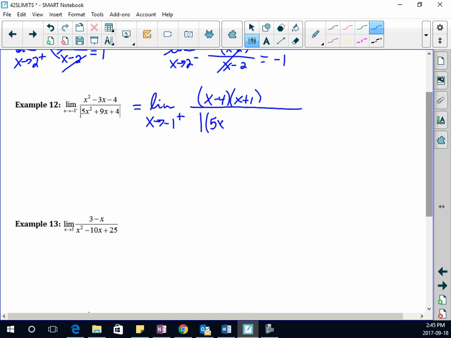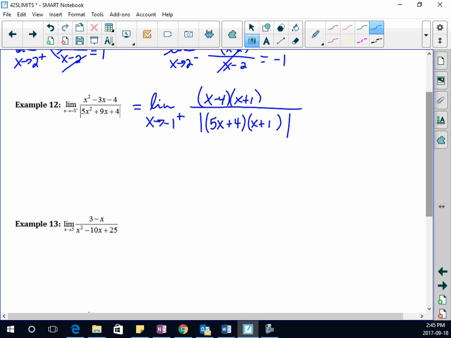You think it has to be a 5x plus 4 and an x plus 1 plus 4? Yeah, because you knew something was going to cancel, right? So that's it. It kind of guides how you factor, if you know something's going to cancel.